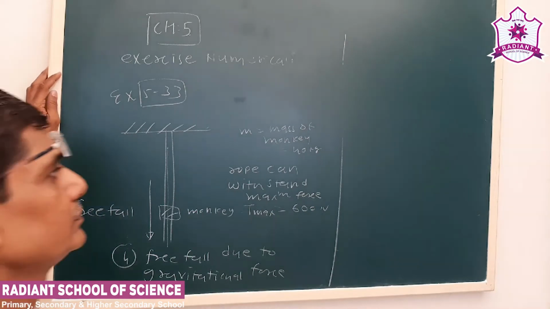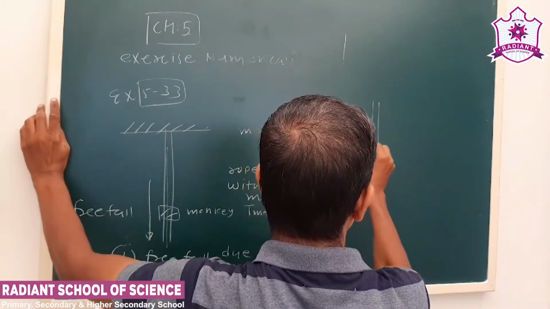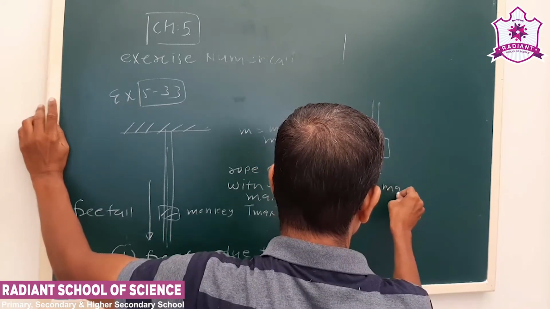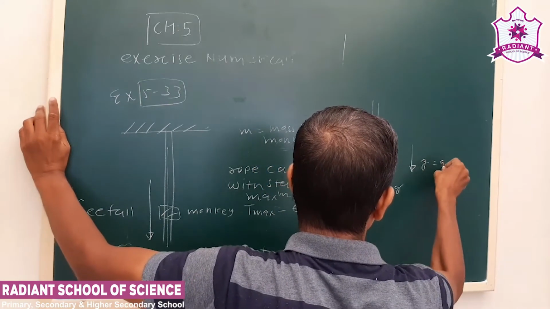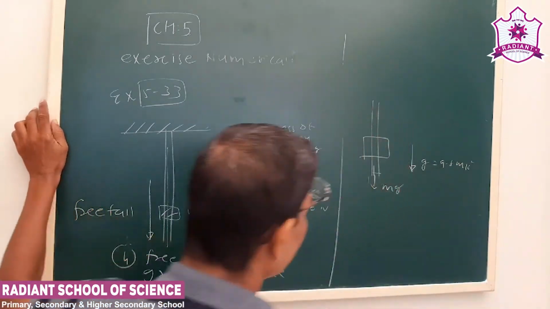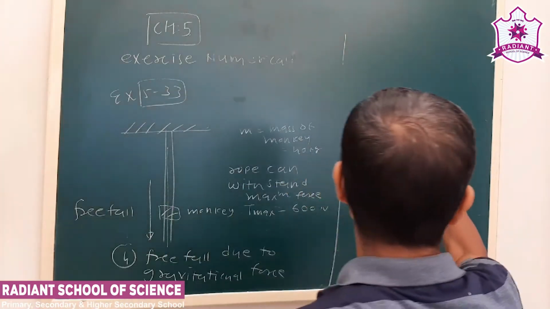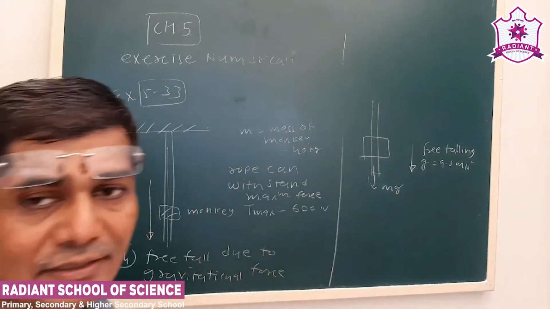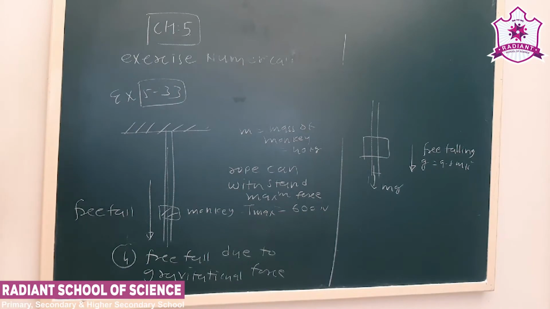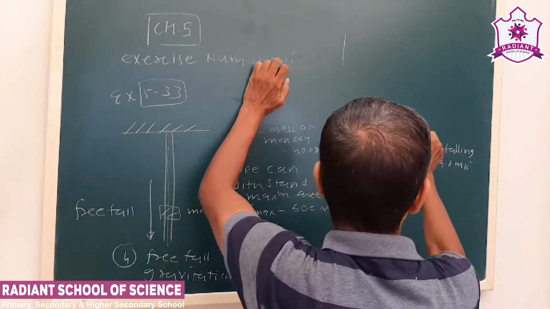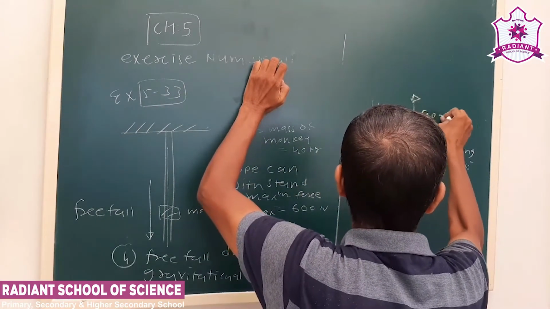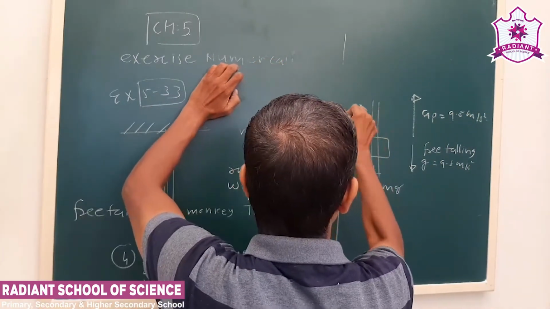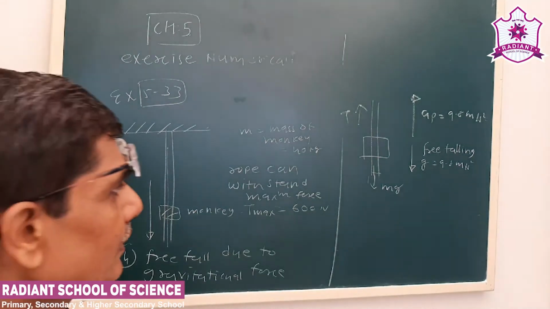Now here also mg, because for a free falling object the acceleration is equal to g, that is 9.8 meters per second squared. See our pseudo acceleration. Now let us find the net weight or tension.